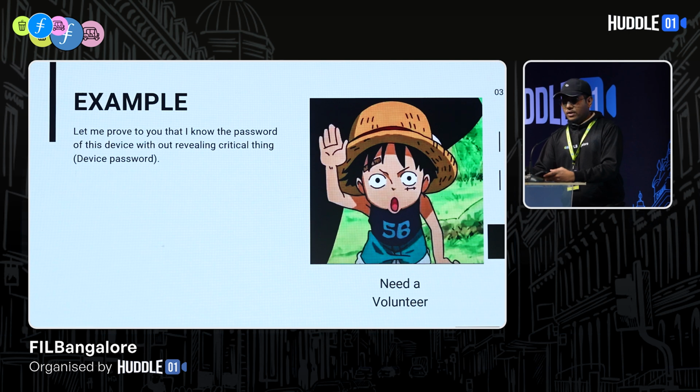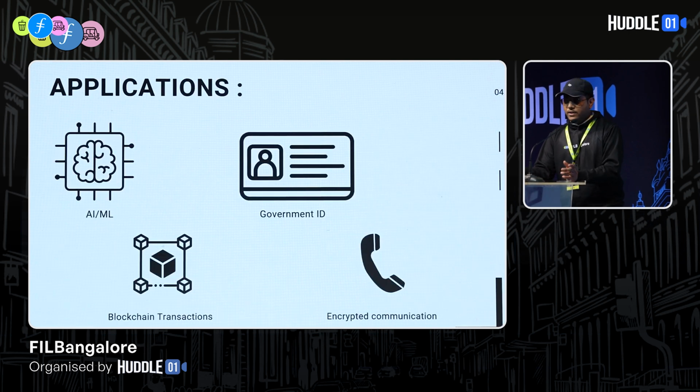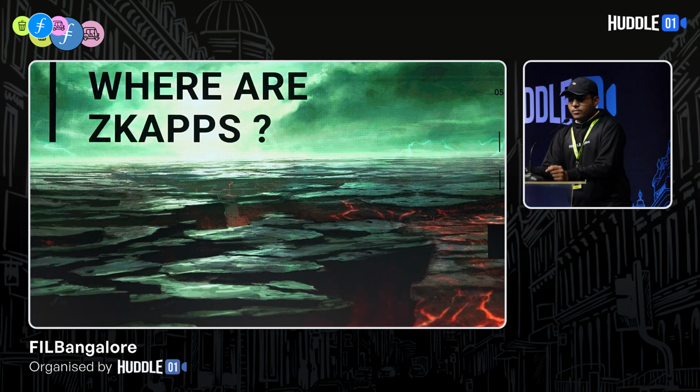There are many real life implementations of zero knowledge proofs. They can be in AI and ML, government IDs, blockchain transactions, and encrypted communications. So if it is very easy to implement zero knowledge proofs, then why are we not seeing a lot of ZK apps?